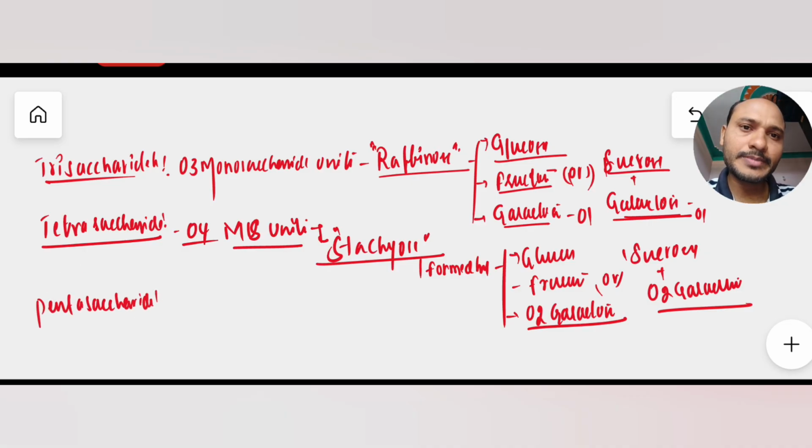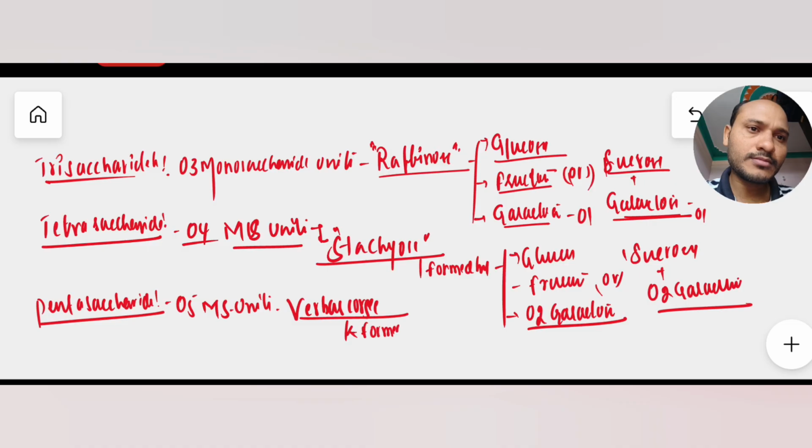Penta means 5 monosaccharide units together form a pentasaccharide. The best example of a pentasaccharide is verbascose. This verbascose is formed by 5 monosaccharides. What are they? Here I am writing glucose and first fructose, but very important, 3 galactose molecules.